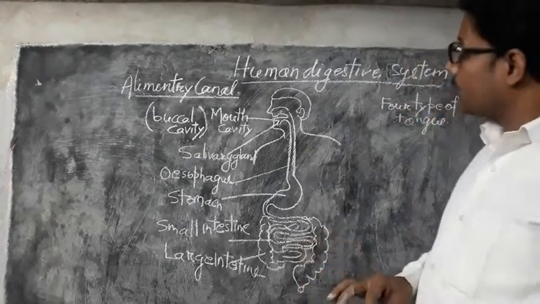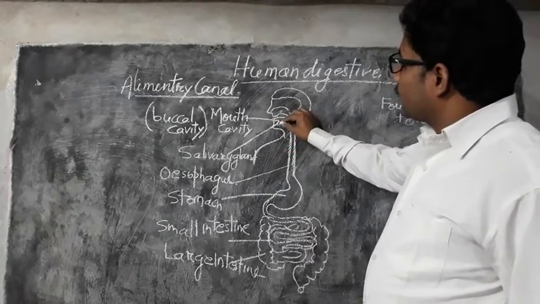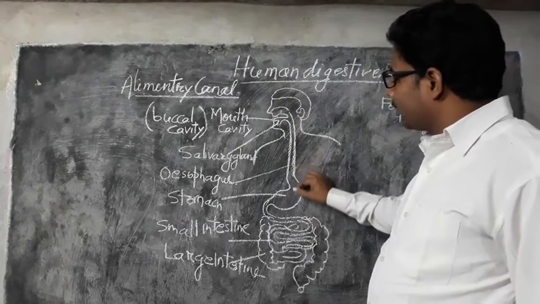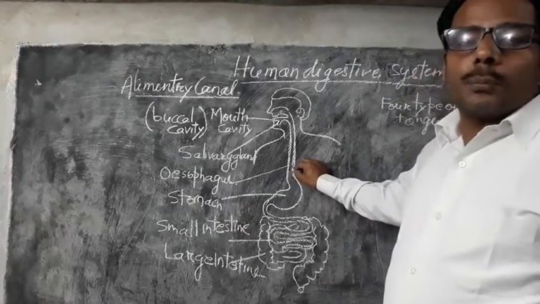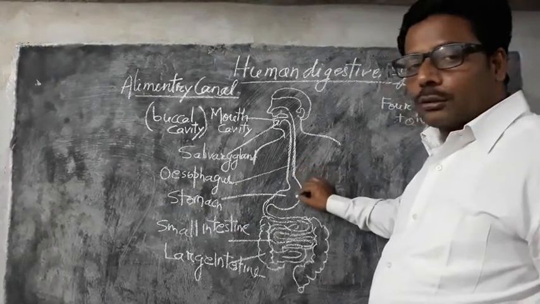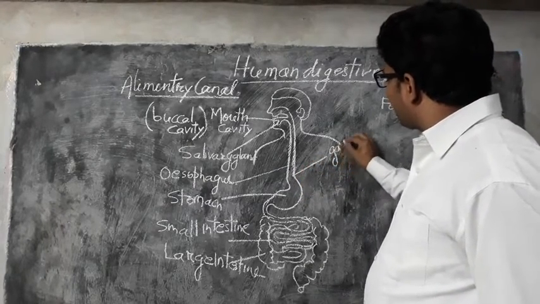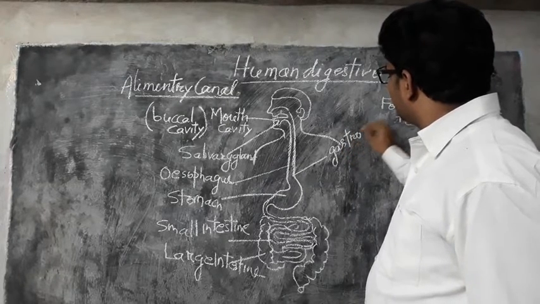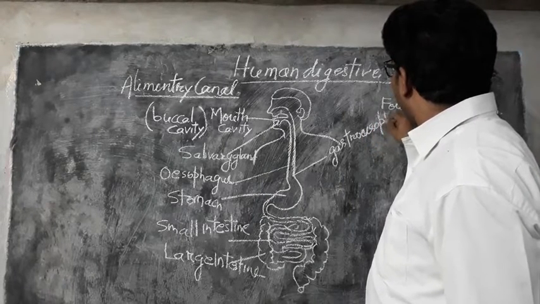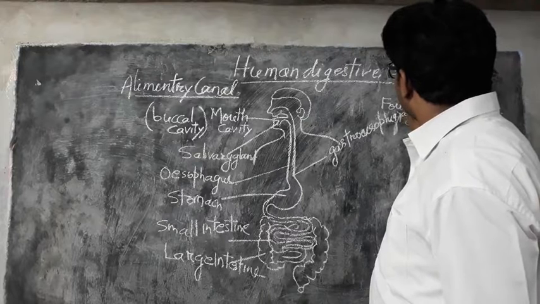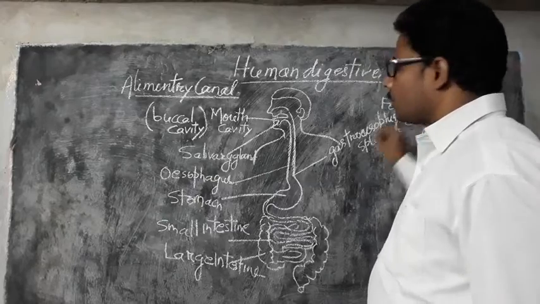Just as we have talked about the mouth cavity or buccal cavity, thereafter the salivary glands, thereafter the esophagus, this portion where the esophagus and stomach combine together is called the gastroesophageal sphincter. Why is it called that?